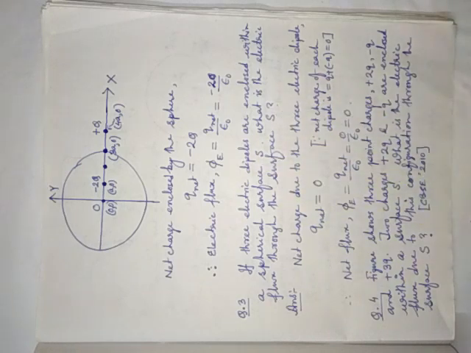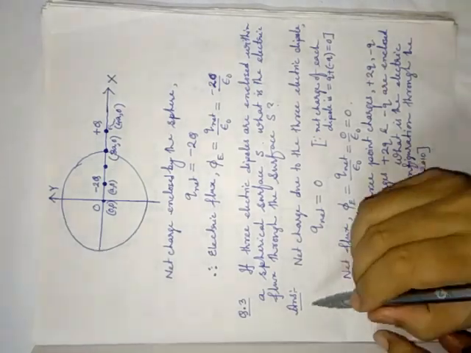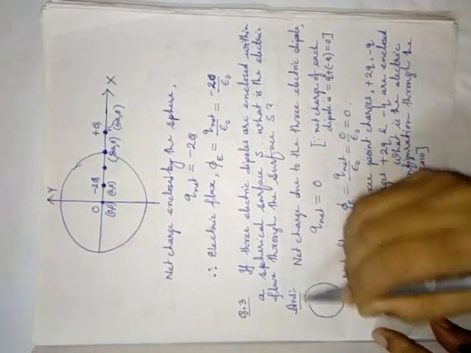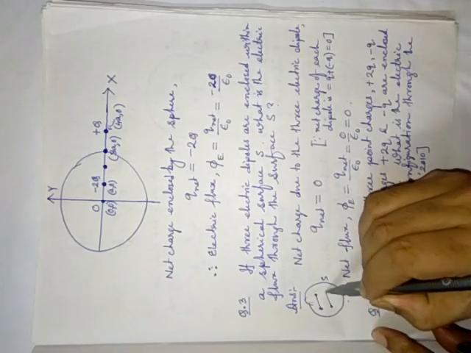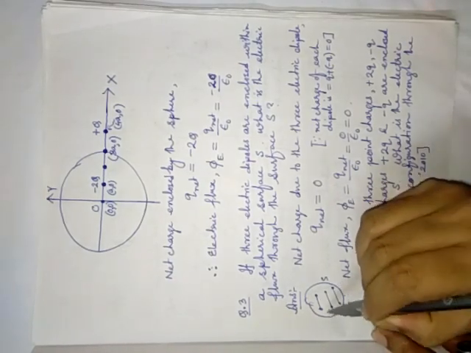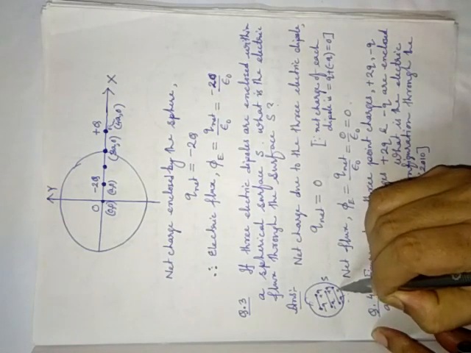Now see, suppose there is a Gaussian surface. Any surface; here I have mentioned a spherical surface S. 3 dipoles: 1, 2, 3. See here, minus q, plus q, minus q, plus q, minus q, plus q.